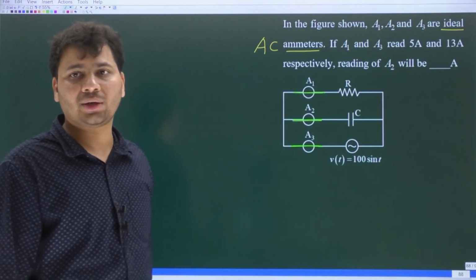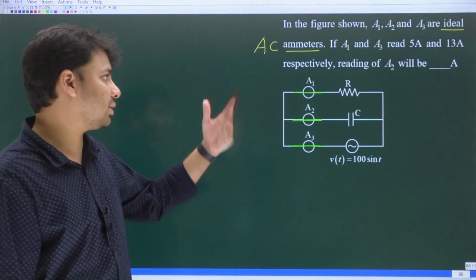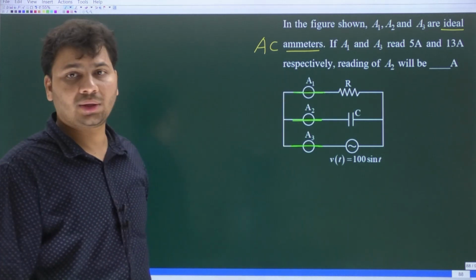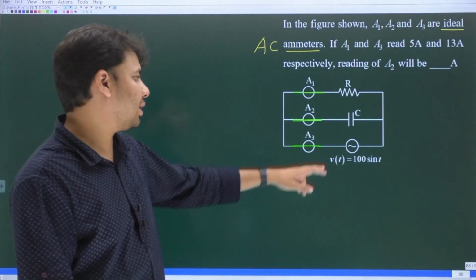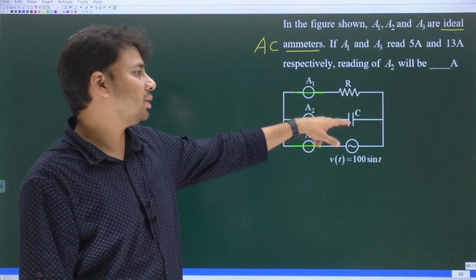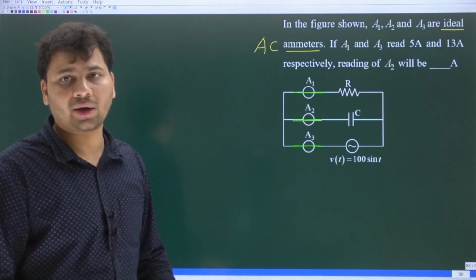Because the 3 ammeters will behave like short circuits, since they are ideal ammeters. So once you replace the 3 ammeters with short circuits, clearly we can see that all the 3 elements are in parallel. The source, the capacitor and the resistor, all 3 are in parallel.